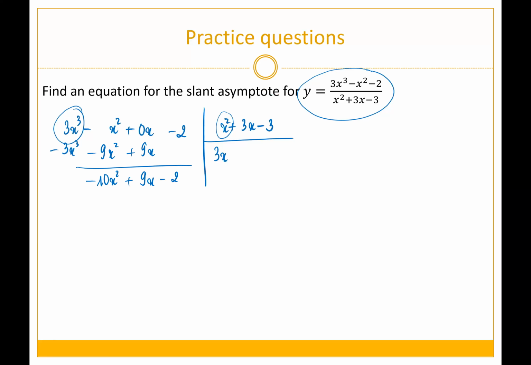And look at the highest power here, it's still equal to the highest power of x squared plus 3x minus 3. So you're going to continue to divide this by that. So you're going to have negative 10, and then you multiply back and change sign on this.